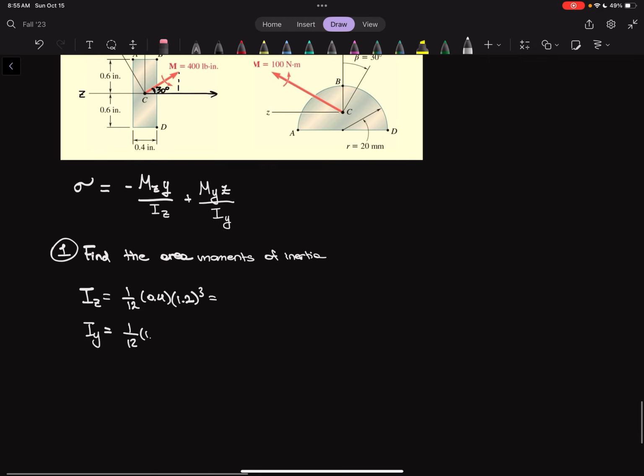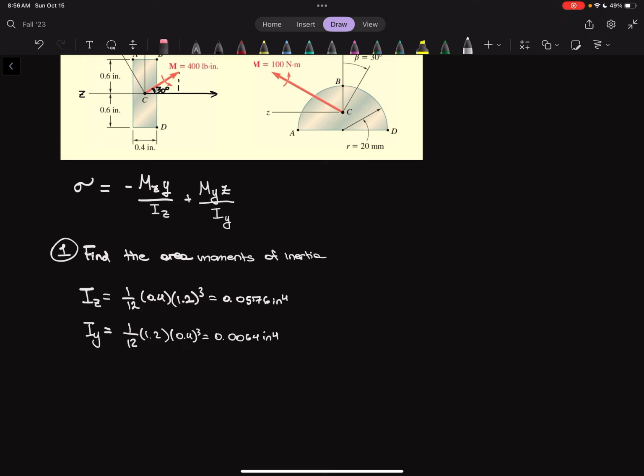So our base is going to be 1.2, and our height is going to be 0.4 to the third. So let's calculate those. 1 over 12 times 0.4 times 1.2 to the third is going to be 0.0576 inches to the fourth. And the other one is going to be 0.0064 inches to the fourth.